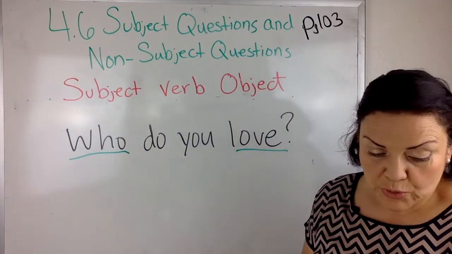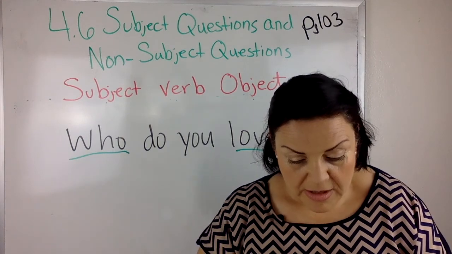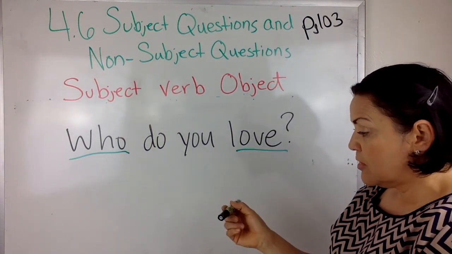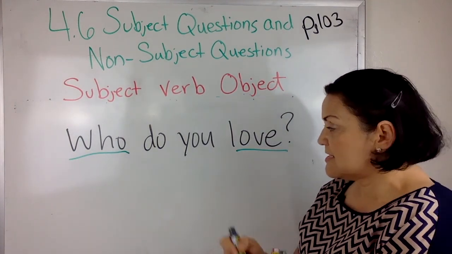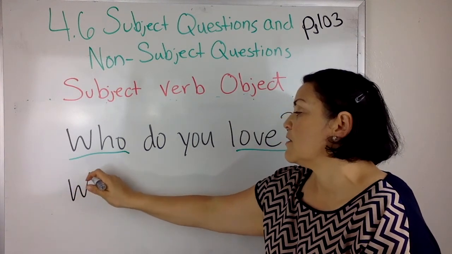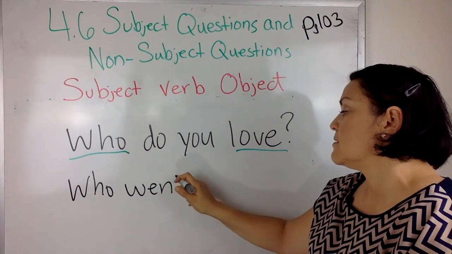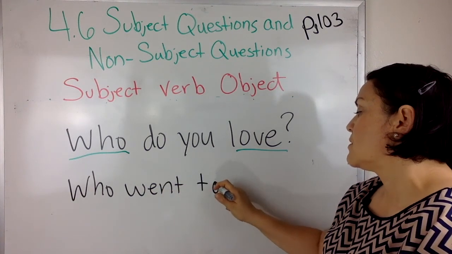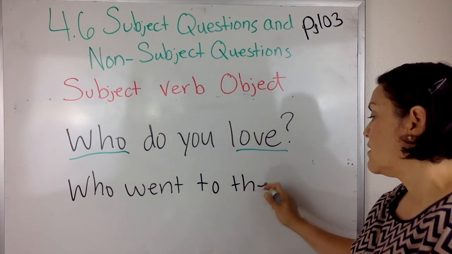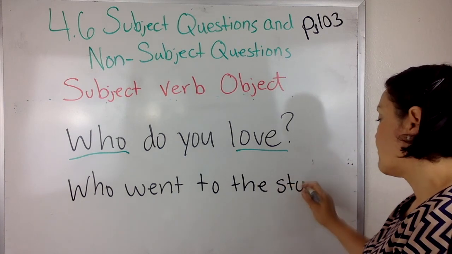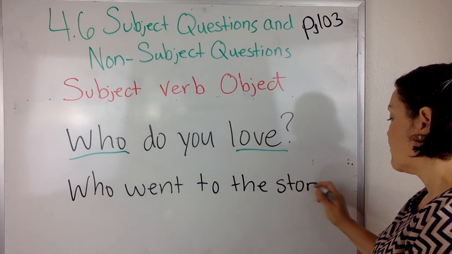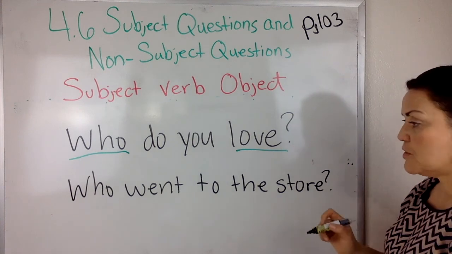And then you can say, let's find another who question. I'll use past tense because sometimes it's hard to think of one. Who went to the store? Who went to the store?